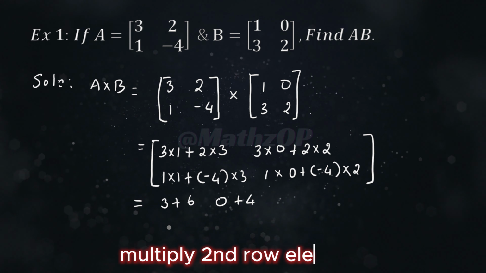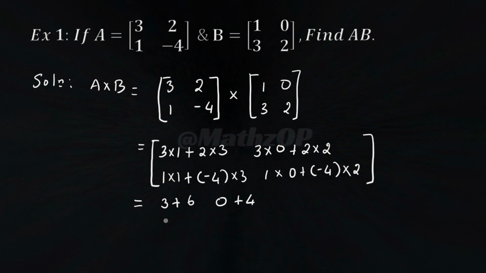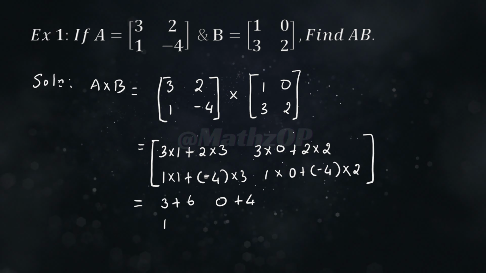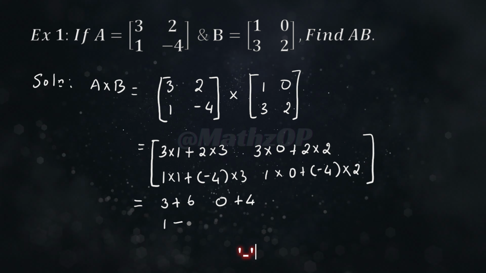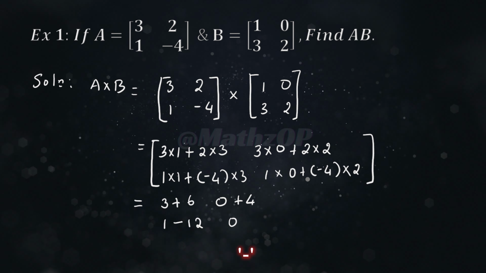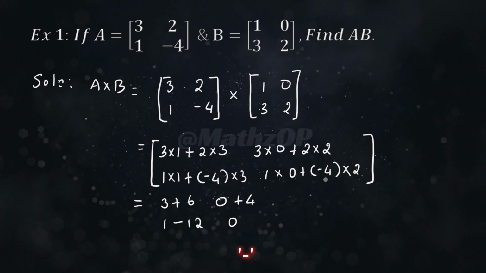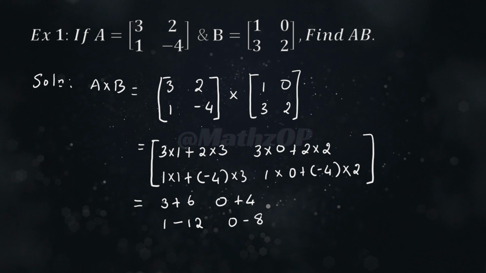I will multiply the second row elements. 1 into 1 is 1, minus 4 into 3 is minus 12. So I will keep the sign minus here. 1 into 0 is 0. If you see here again we have a minus sign. So minus 4 into 2 is minus 8.